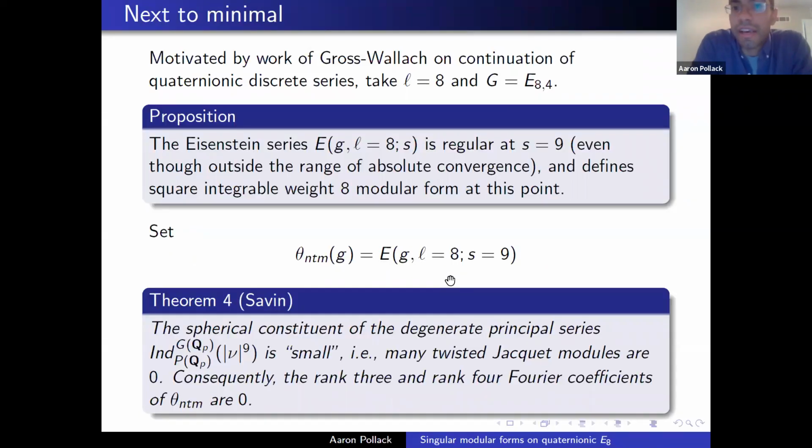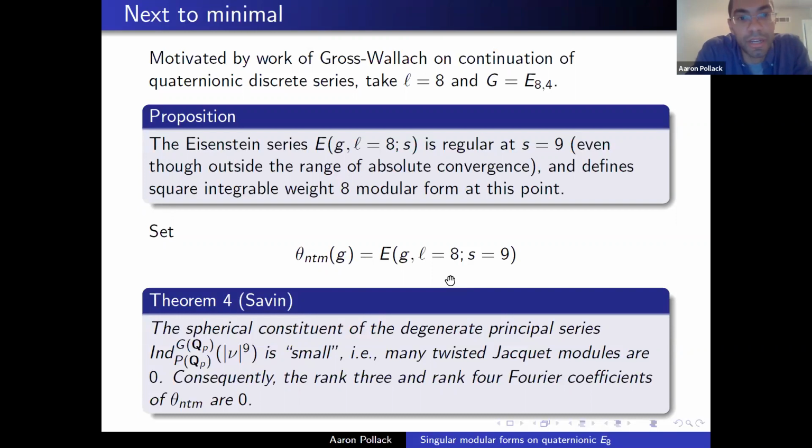It turns out to be regular at the special point s equals 9, even though that's outside the range of absolute convergence, and it defines a square integrable weight 8 modular form at that point. To prove that it's regular and square integrable is just a bunch of intertwining operator calculations. Saying that it's a modular form at that point means it satisfies some special differential equation. That's the definition of this theta next to min.